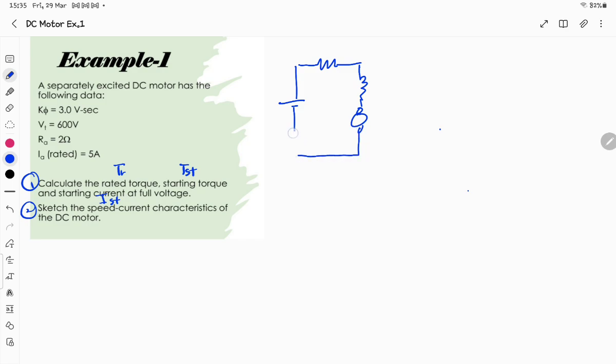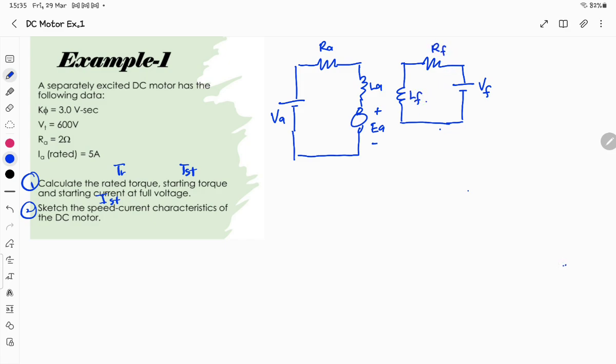So now this is the equivalent circuit of a separately excited DC motor. We have two circuits there. One is the armature circuit, with your RA, your LA, your EA and your VA. And this one is the field circuit, with VF, RF, and LF.